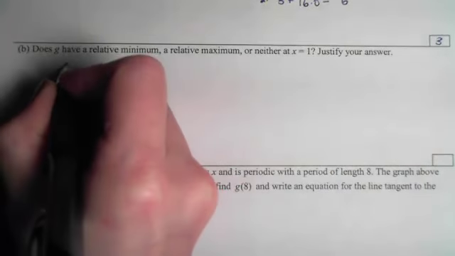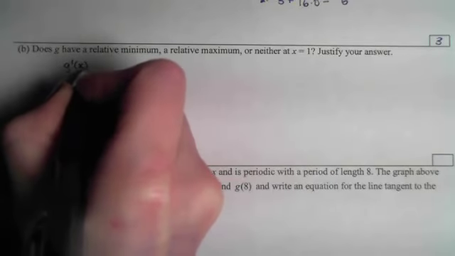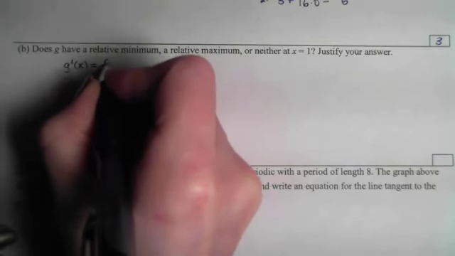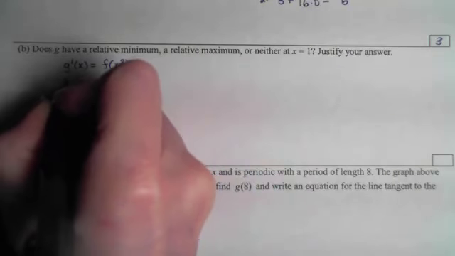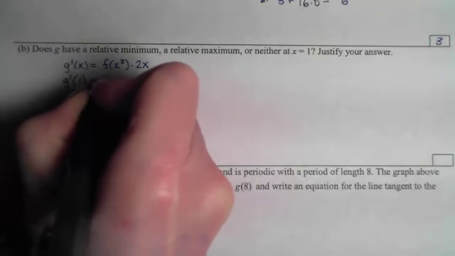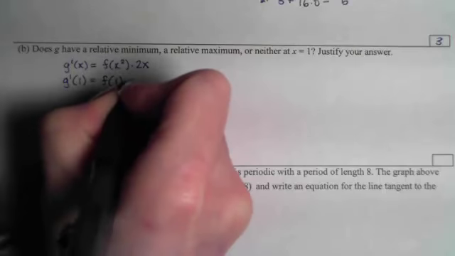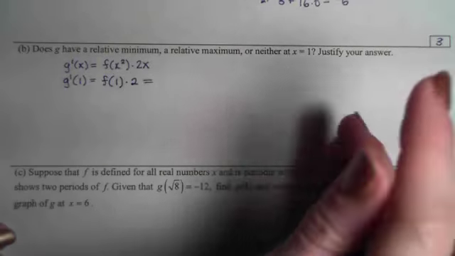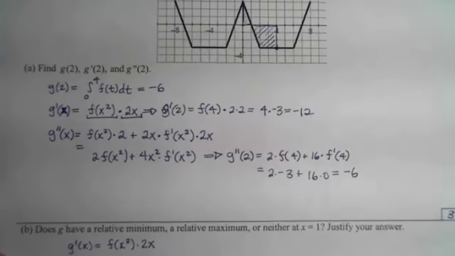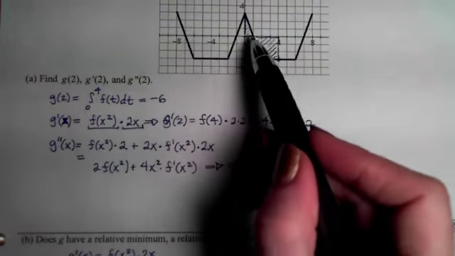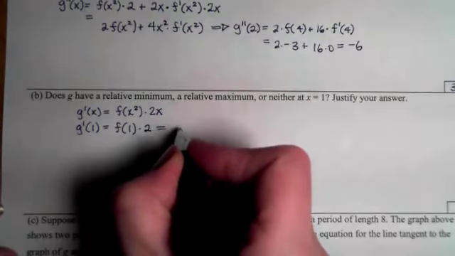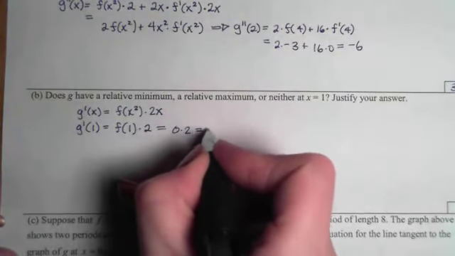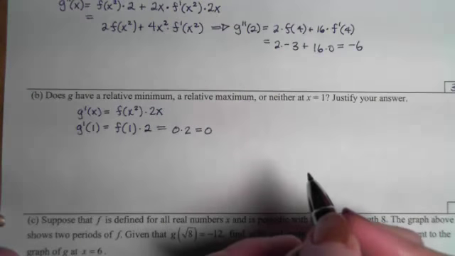So if we look at g prime, remember from up above that it was f of x squared times 2x, so g prime of 1 will be f of 1 times 2. So we'll go look at the picture and see what the y-coordinate of f at 1 is, and we can see that it is 0. So down here I have a 0 times 2, which is 0, so it's definitely a candidate.